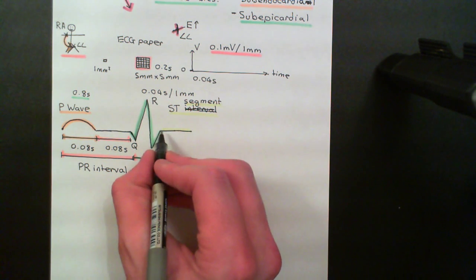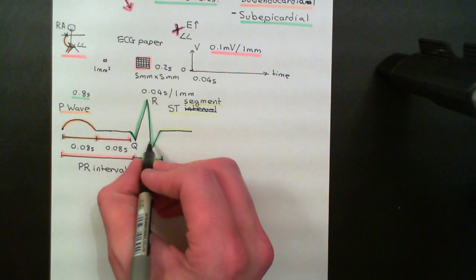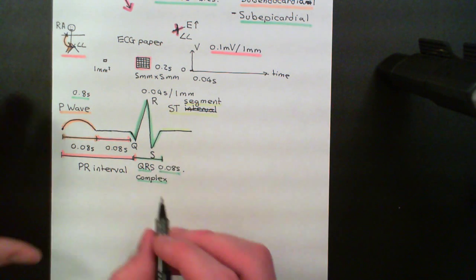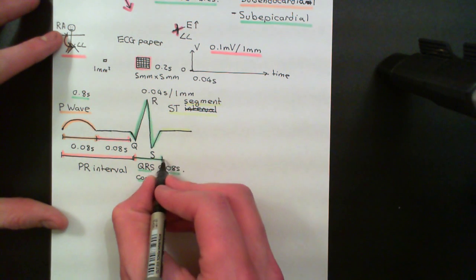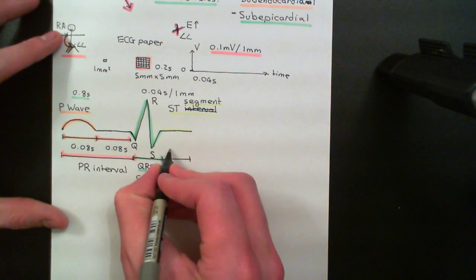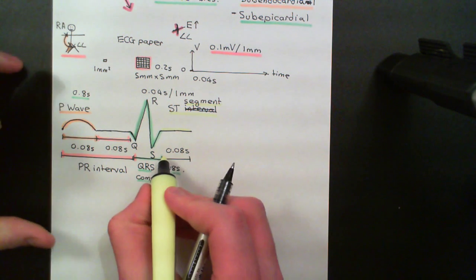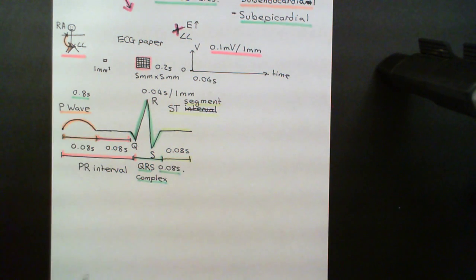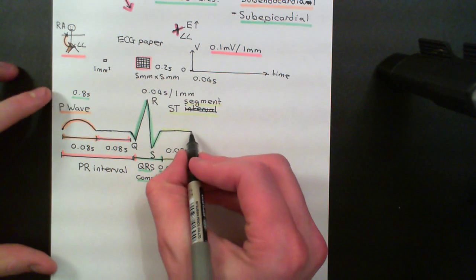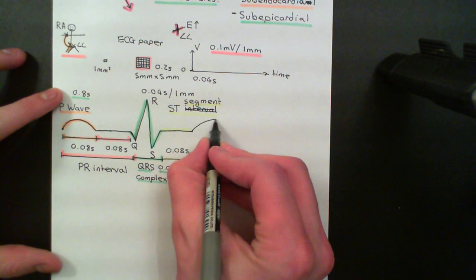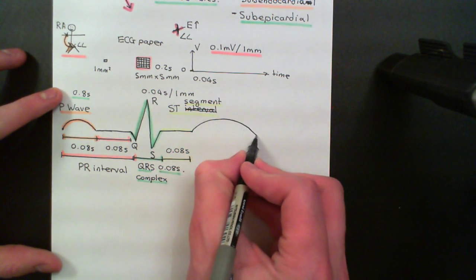This is so called because it's between the S wave here and another wave which will be called the T wave. Again, the ST segment will last for approximately 0.08 seconds, another tenth of our entire cycle duration. Then we're going to have another wave, an upward deflection called the T wave, and this is going to be a very long one.